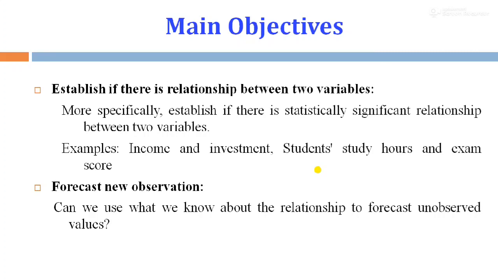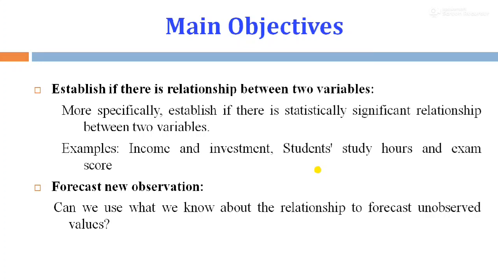Another application of regression analysis is to forecast new observations. That is, by knowing the values of the independent variable, we can predict or forecast the unknown value of the dependent variable. This is the main application of regression analysis. Suppose we consider the example of height and weight.